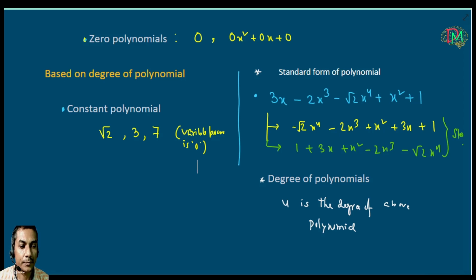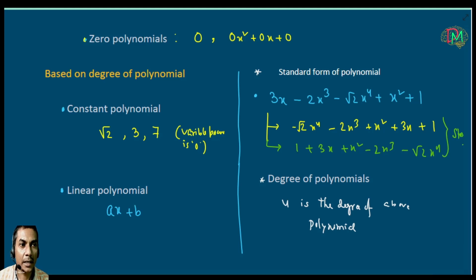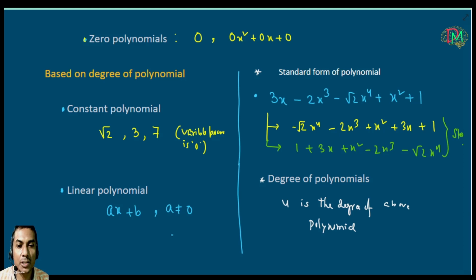Clear? So what are linear polynomials? A linear polynomial can be generally expressed as ax plus b. Where you must remember the coefficient of the x term cannot be 0, this is the condition.